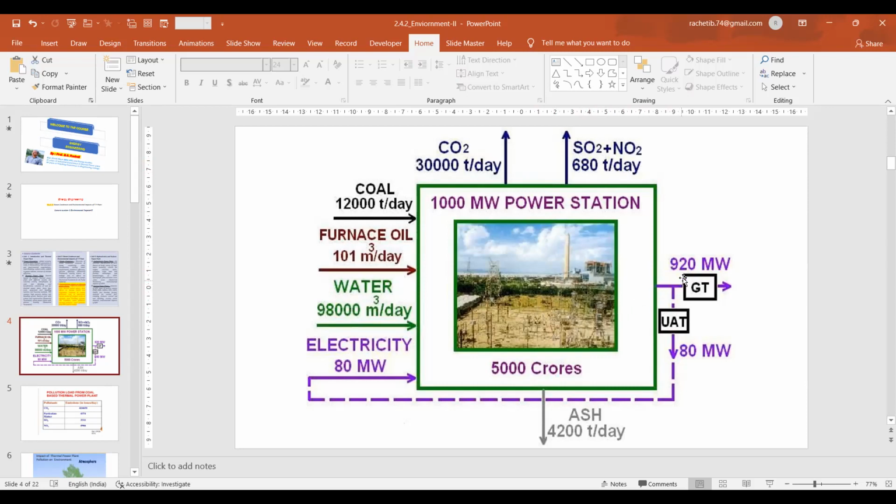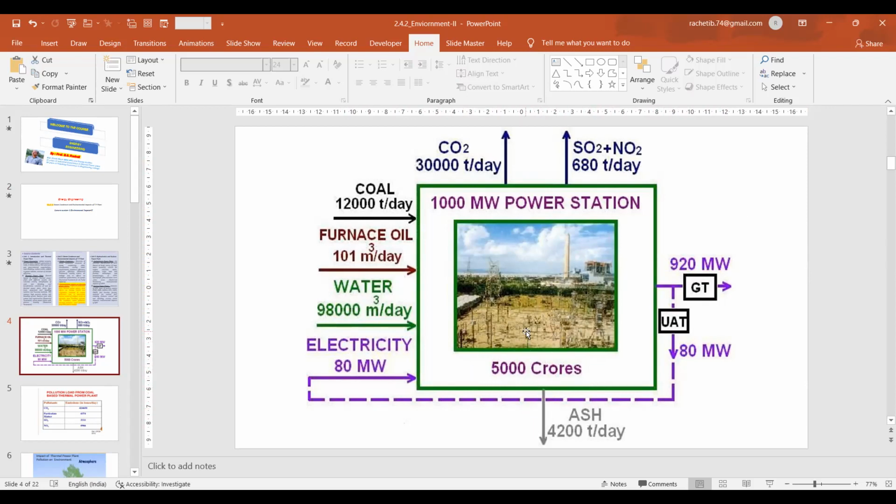The output is 920 megawatt, which is sent to the grid for use, and the remaining 80 megawatt through the unit auxiliary transformer, UAT, is sent back to run various auxiliaries in the power plant. The total cost of the installation is 5,000 crore rupees.